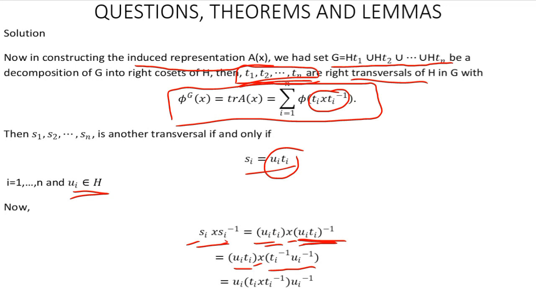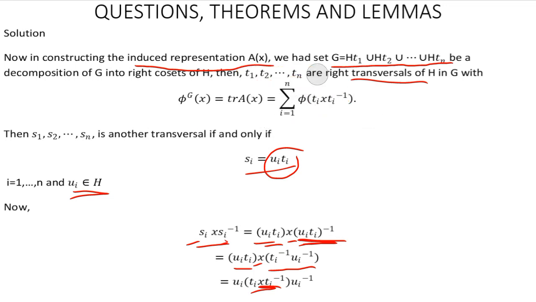Associativity allows us to have what you see in the middle there, and it's almost like the term up here, only that the term up here is for when we have our transversals to be this. Now when we have the transversals to be this, there will be a kind of relationship in terms of the Ti's, as you can see right here.